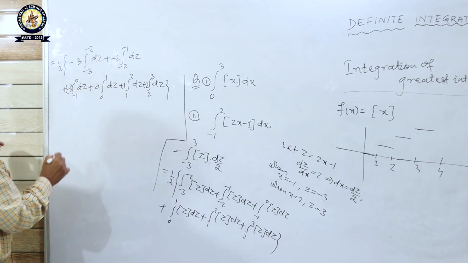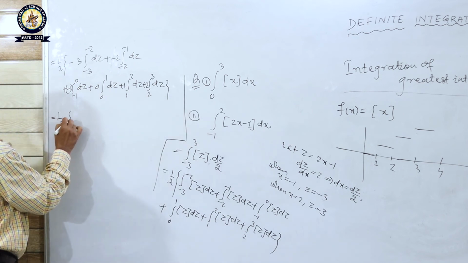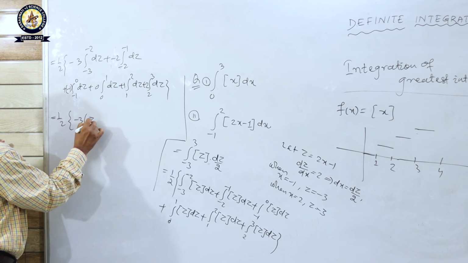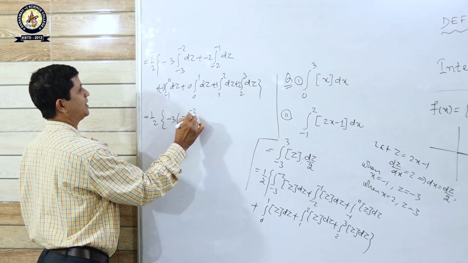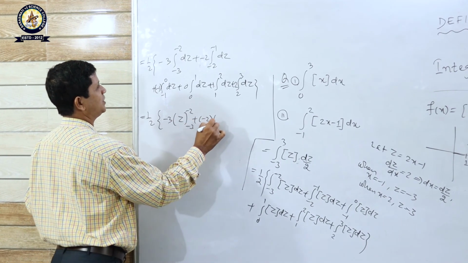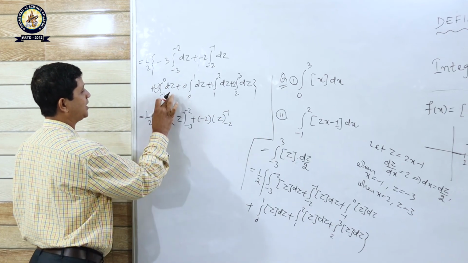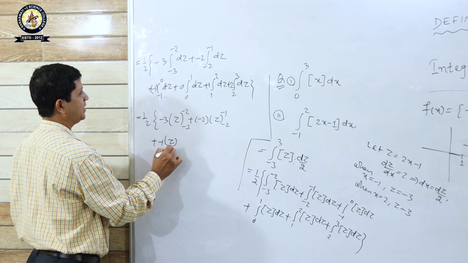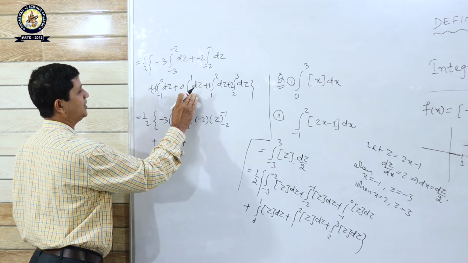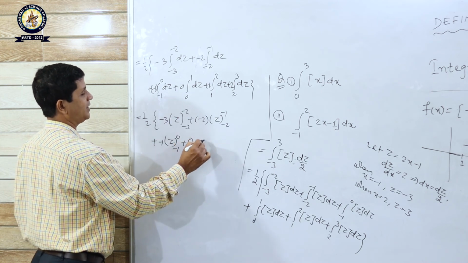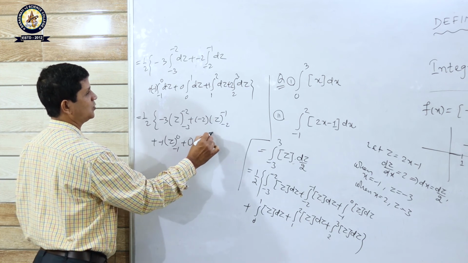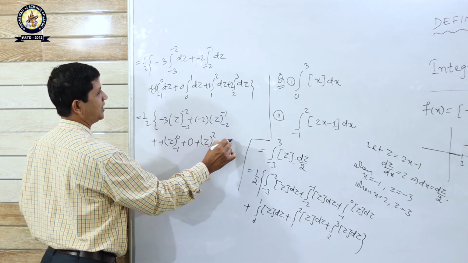Now it is half into minus 3 dz, integration z from minus 3 to minus 2, minus 2 into dz integration z from minus 2 to minus 1, minus 1 into dz integration z from minus 1 to 0, here it is totally 0, and 1 into dz integration z from 1 to 2, 2 into z from 2 to 3.